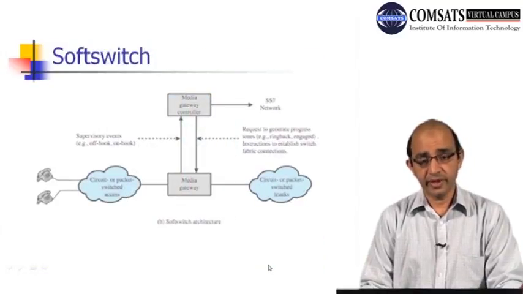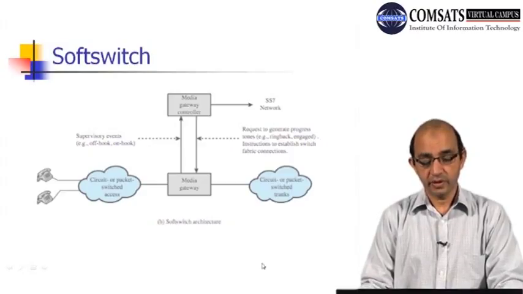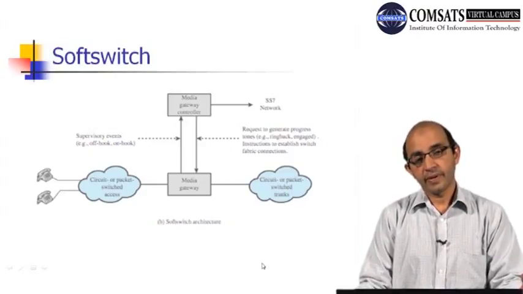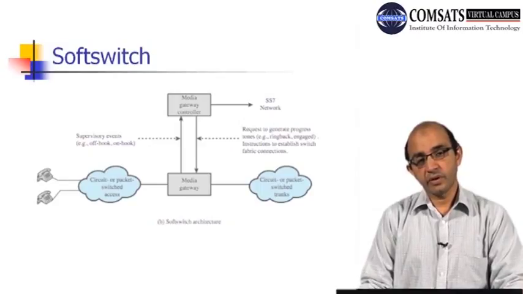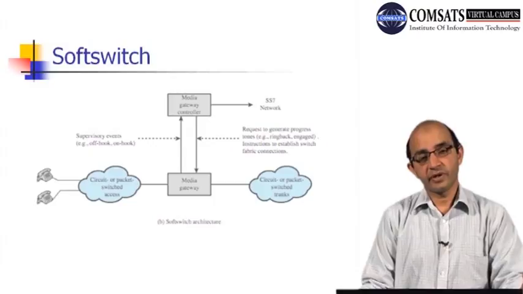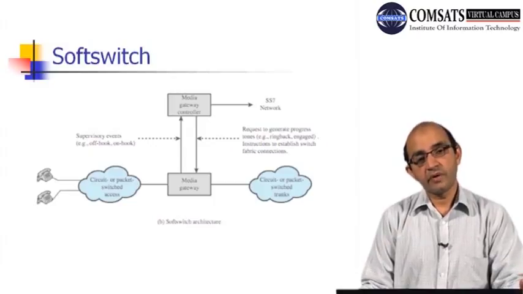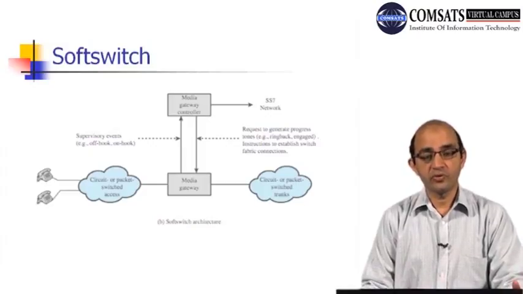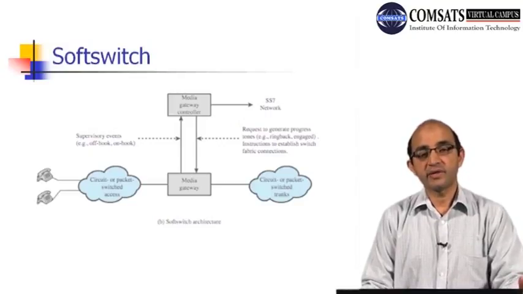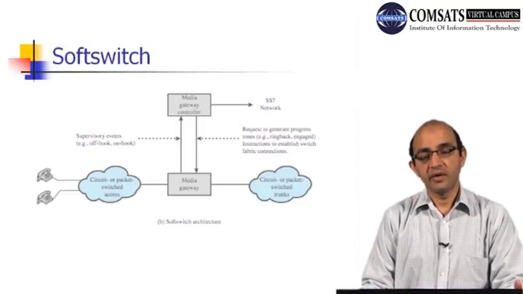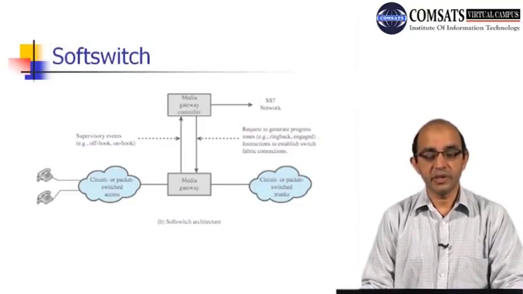So here we have the example of a soft switch, right? Rather than having everything implemented on hardware, we have only the hardware that we must have in order to develop a PBX, and the rest of the functionality we have coded and installed onto a PC.